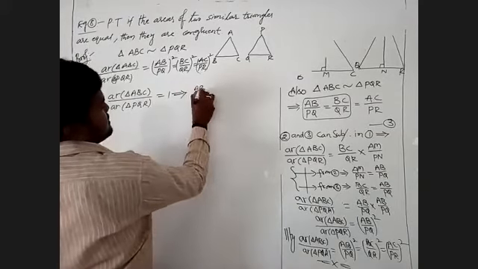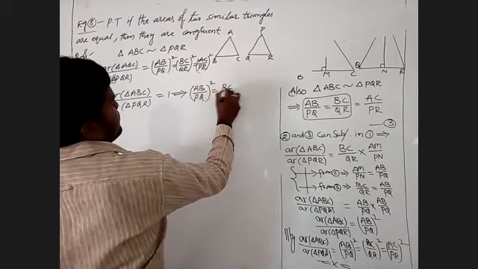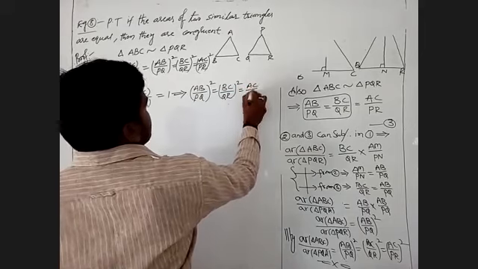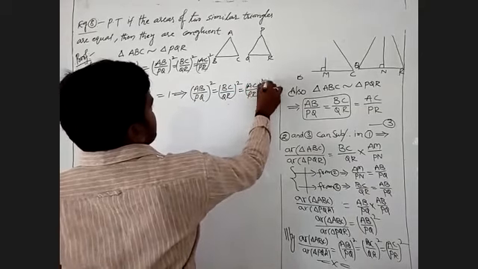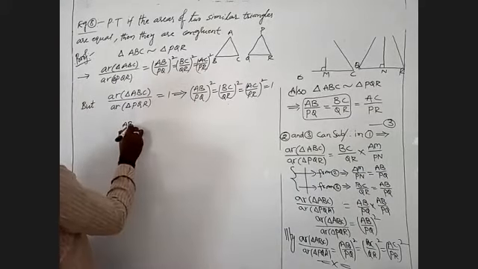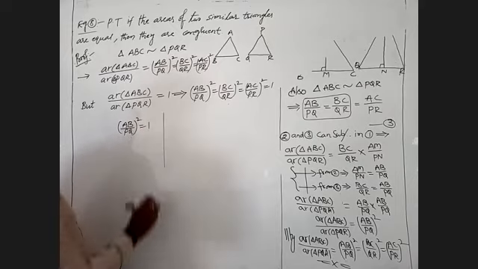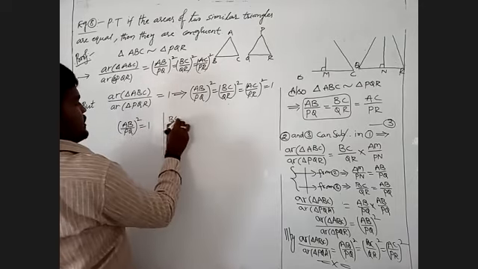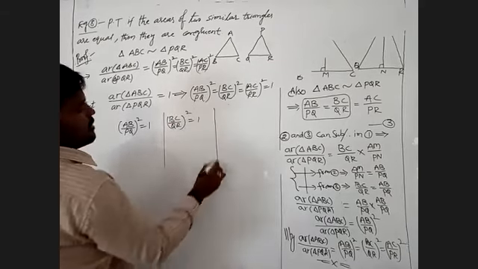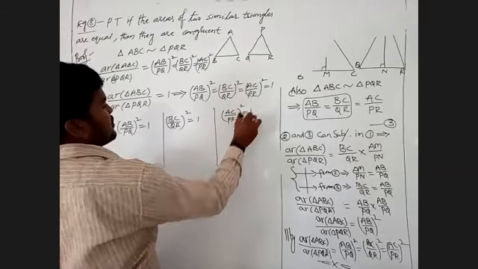That I will write: AB by PQ whole square is equal to BC by QR whole square is equal to AC by PR whole square, which is 1. So AB by PQ whole square is 1, BC by QR whole square is 1, and AC by PR whole square is 1.